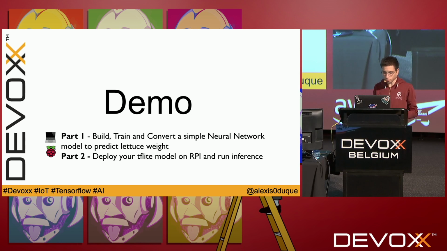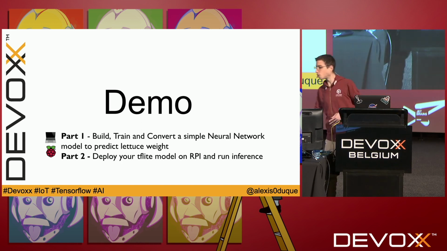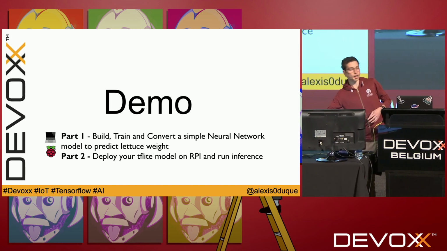So now some demo, in two parts. The first part, I will run it on my laptop in a Jupyter notebook. I will create a very simple neural network model to predict the lettuce weight. And the second part will be deployed on the Raspberry Pi that you see there.